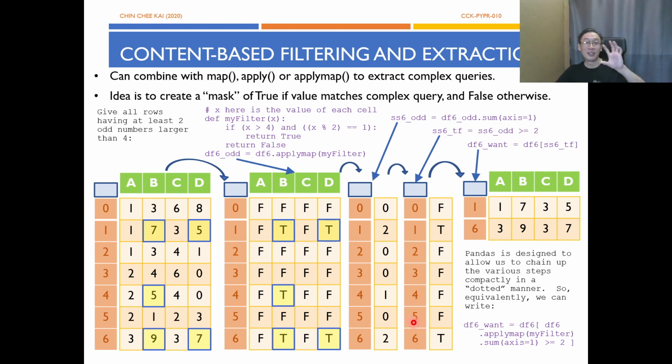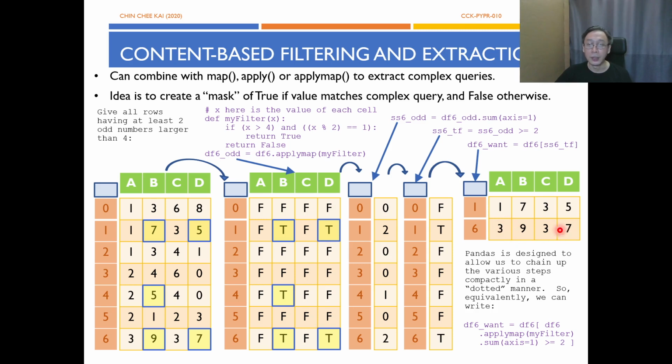We are getting there already, right? As you can imagine, if we simply take the original DF, DF6, and select based on SS6 true false, then we are done. So we will end up getting rows 1 and 6, which correctly identifies the contents as having two or more odd numbers that are larger than 4.